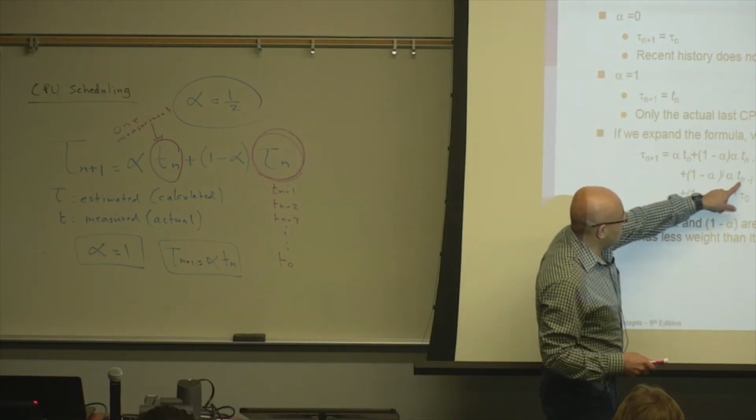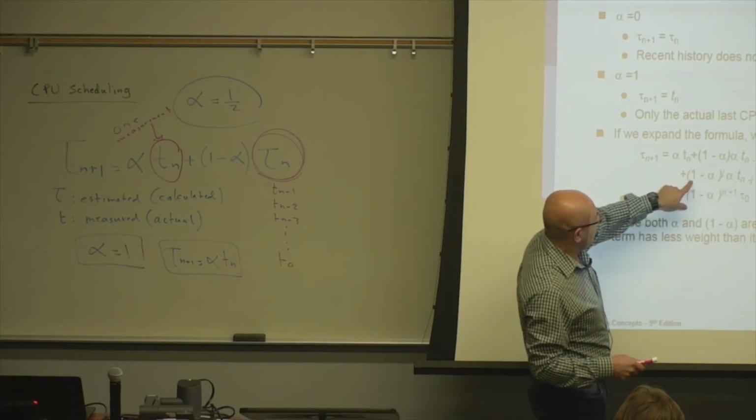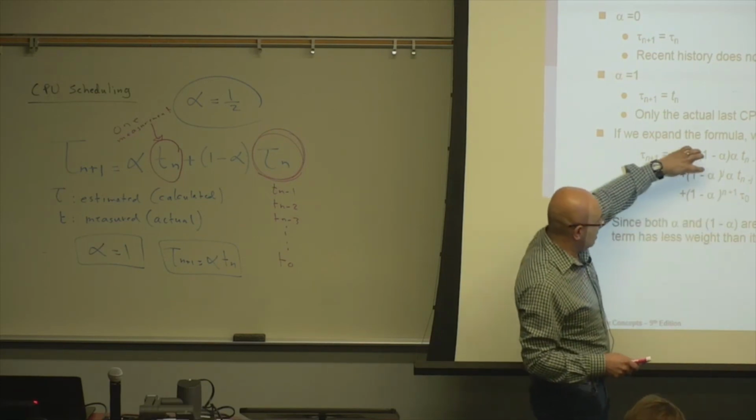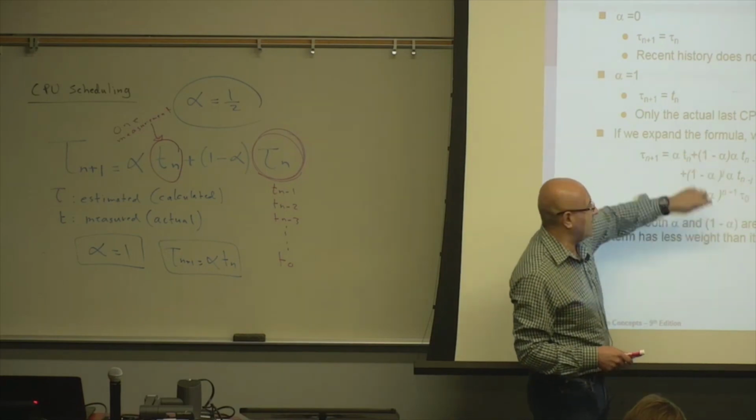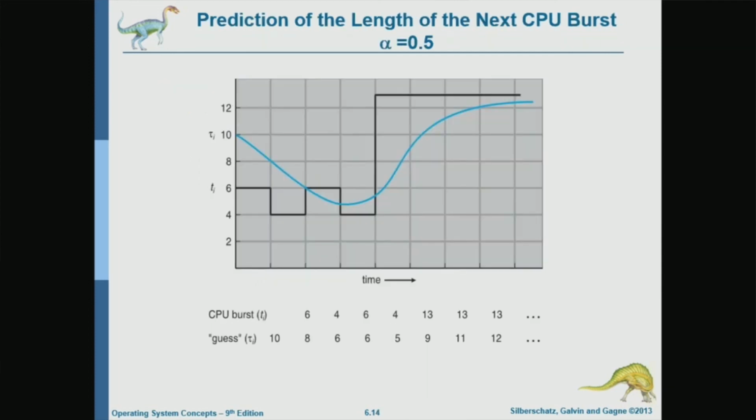And Tn minus j is multiplied by alpha multiplied by 1 minus alpha to the power j. So the weight of tau n minus j is much lower, which makes sense. And that's why you will get this blue curve here that is a reasonable approximation of the actual behavior of the process.